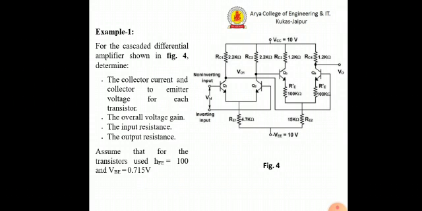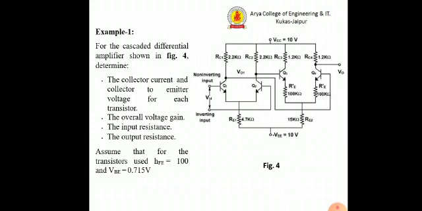Now, in order to gain insight into the differential amplifier, let's analyze a cascaded differential amplifier, which is shown as figure 1. For this figure, you can see the values of the basic resistors are labeled, and the hFE value to be assumed is 100, with the base emitter potential drop equal to 0.715 volt.